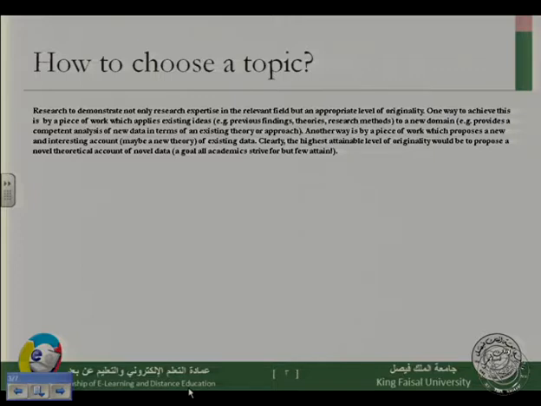Say that I researched at King Faisal University the good and bad practices of English language teachers. And I said, well, these are the good practices and these are the bad practices, and that's it. That was my research. You can continue my research by saying, well, I will take all of these bad practices and find solutions to them.